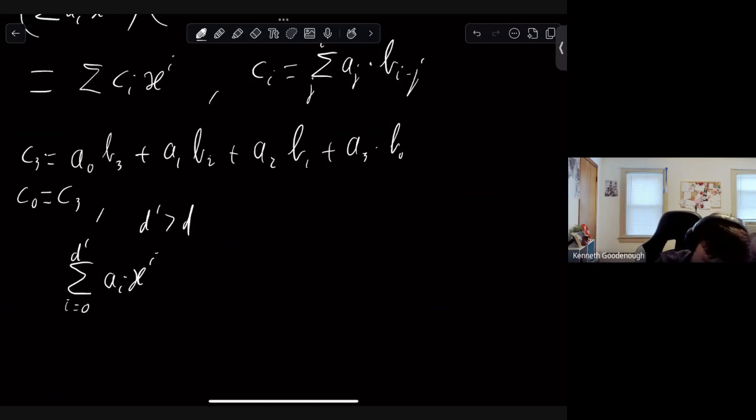And if I plug in now a dth root of unity here, I can rewrite this as a sum only ranging over d, with now some different coefficients.